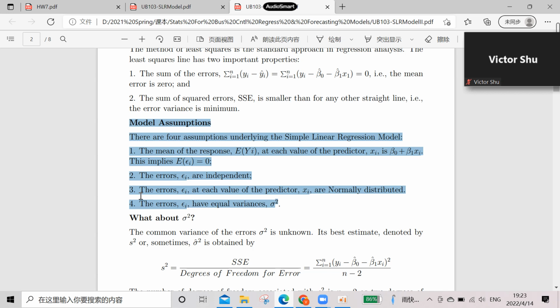They have a mean of 0. And all those numbers, positive and negative, should be normally distributed. If not, it means our model is somewhat inadequate. And the fourth, the errors have equal variance, sigma squared.